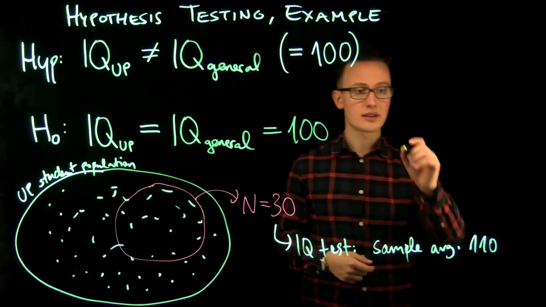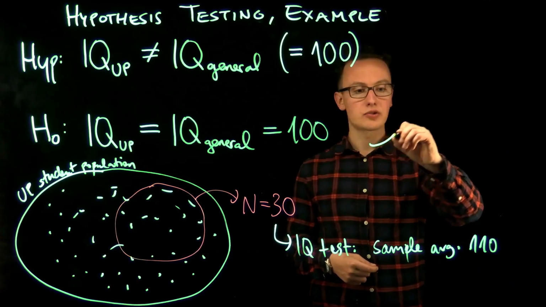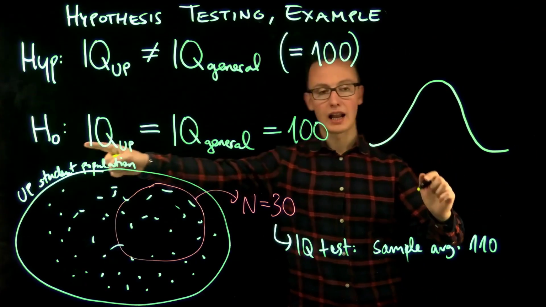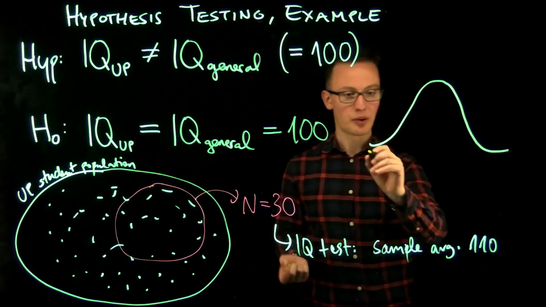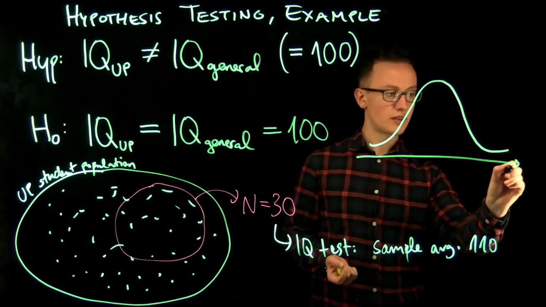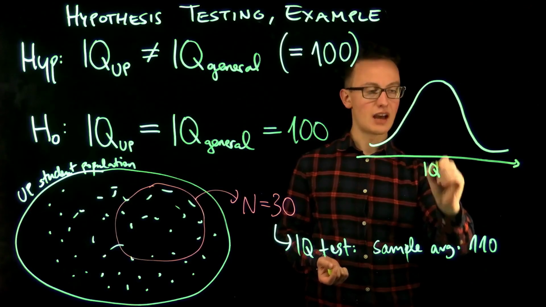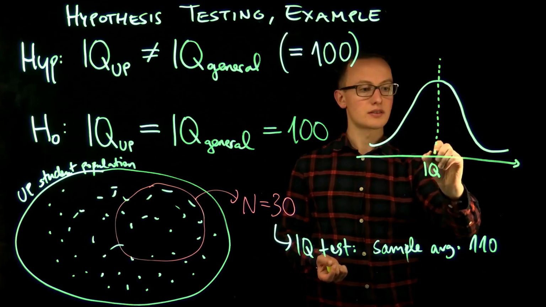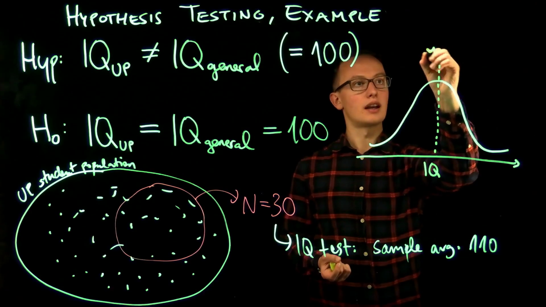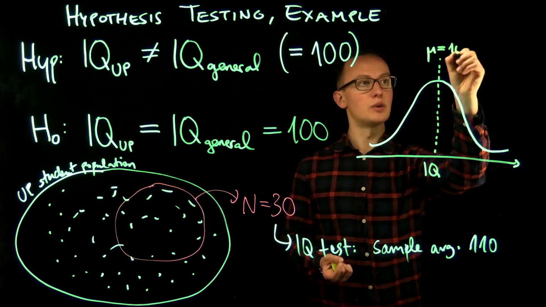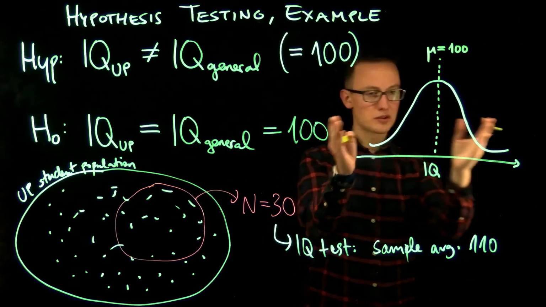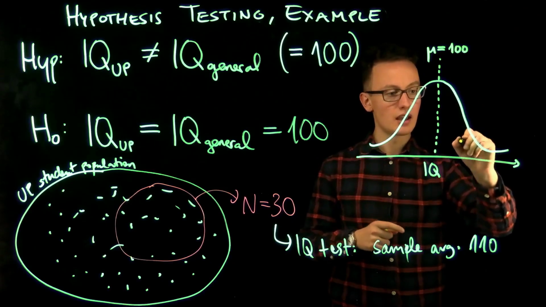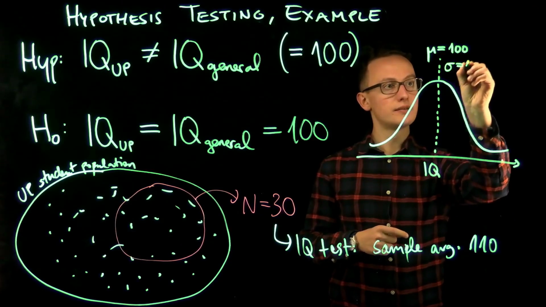Another way to say this is that we imagine how the distribution of IQ scores looks according to our null hypothesis. This null hypothesis would assume, of course, that the average IQ score in the general population is at the mean value of 100, and also that there's a standard deviation of, let's say, 15.